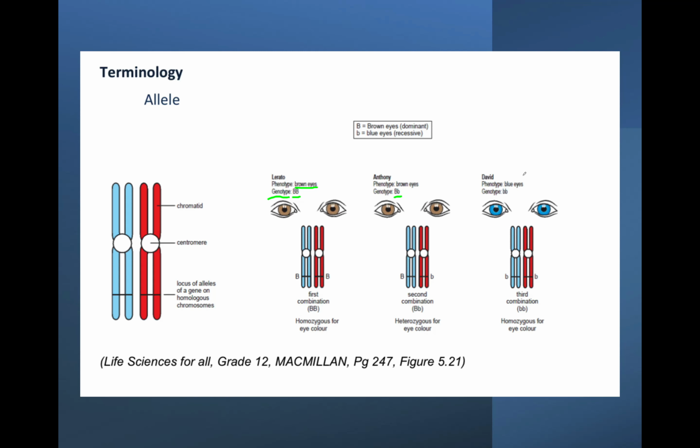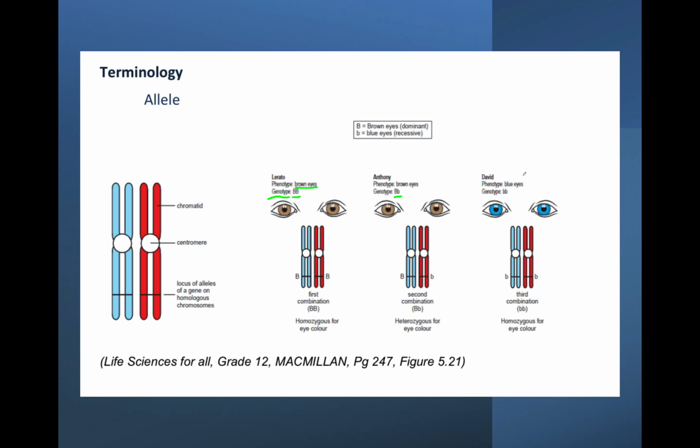Yes, phenotype refers to something that I can see outwardly. Phenotype does not refer to whether he is homozygous or heterozygous. Phenotype refers to the physical characteristic or the features of the person.